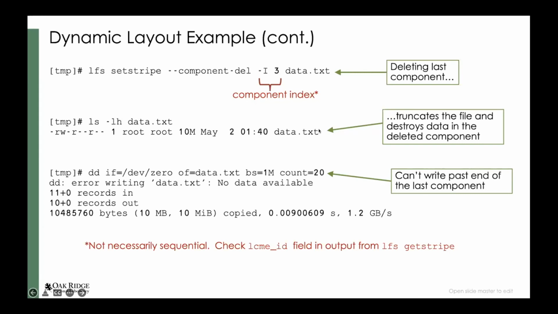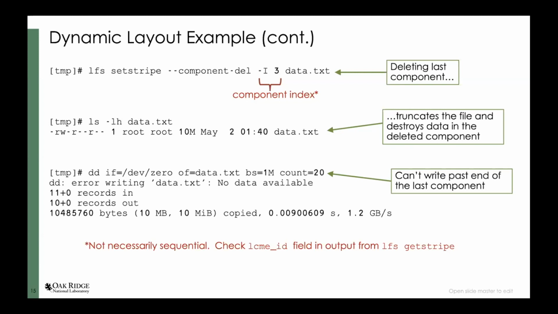One thing to keep in mind, though, particularly when specifying these component indexes, is that they are not necessarily sequential. The LCME ID field for each component is tied to the layout generation field that gets incremented every time there's a change to the layout.